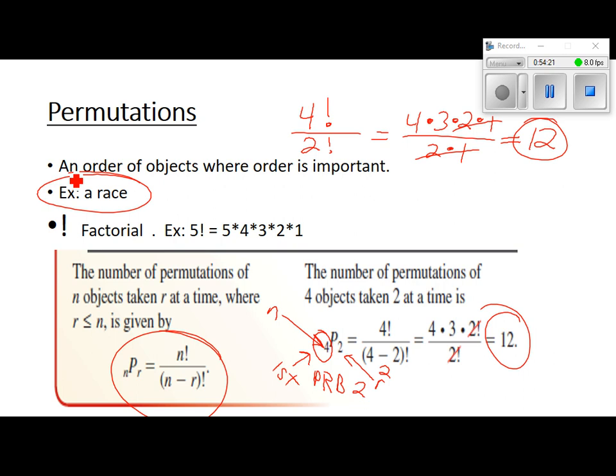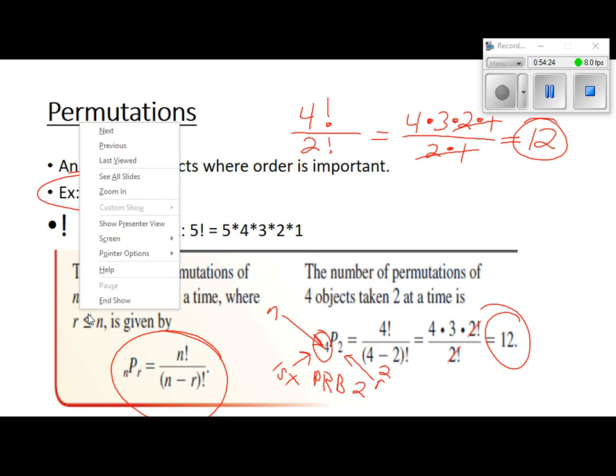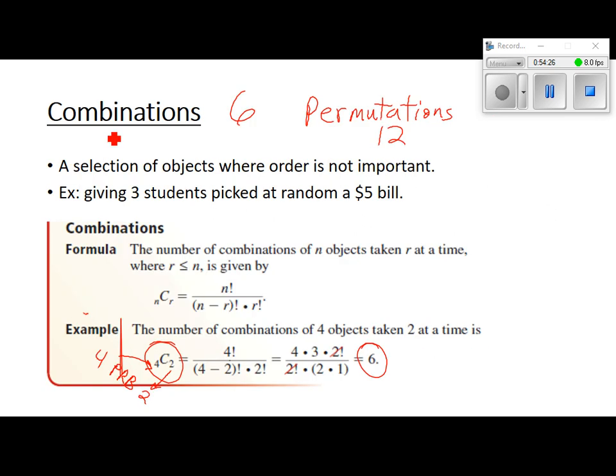Now, if I go to the next one, a combination, if I pick these 2 books, and that's all I'm worried about is picking these 2 books, does it matter which order I pick them in? No. So if I'm picking names for you guys out of a hat, and I'm going to give each student $5, do you care if your name gets picked first or last? No, you're still going to get $5.